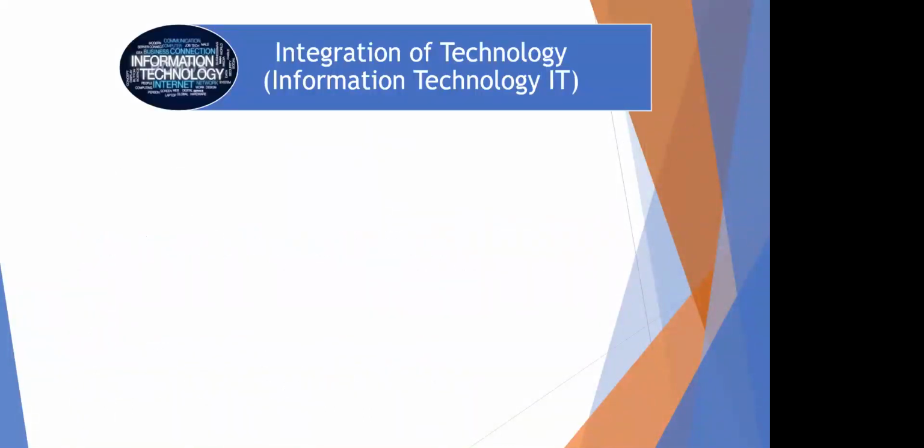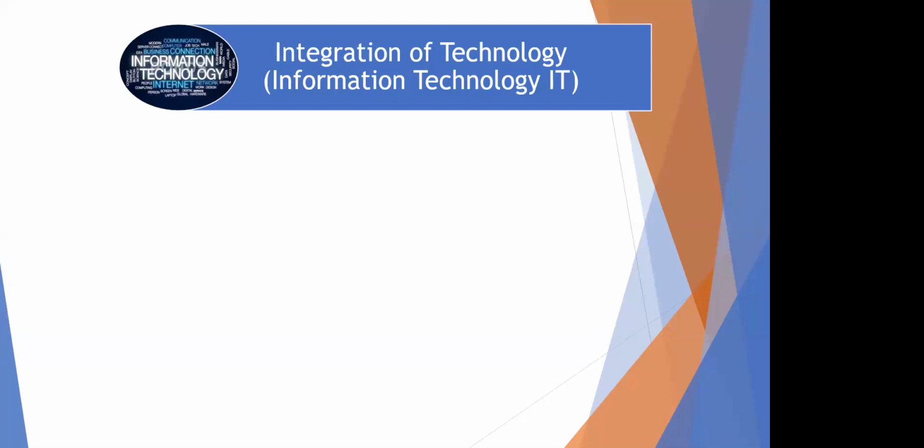Now we'll go to integration of technology, which I will coin as information technology. When we're looking at information technology, it's all about hardware and software, which are used to create, store, transmit, manipulate, and display information and data. So it's actually the in thing now.